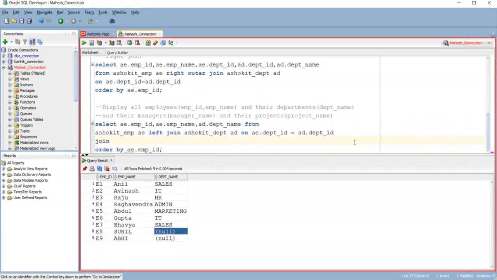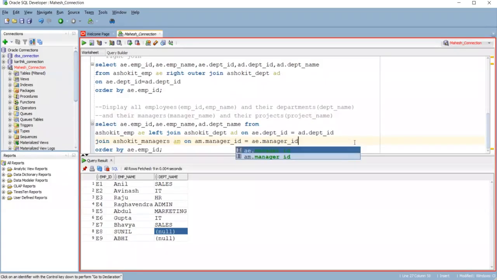So I will use the join keyword and then Ashokit_managers, that is AM, and the on condition: AM.manager_id equals the employee table's manager_id. Correct or not, sir? The employee table also contains the manager ID.